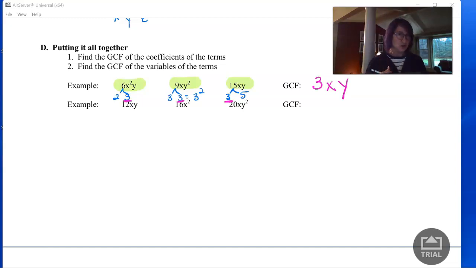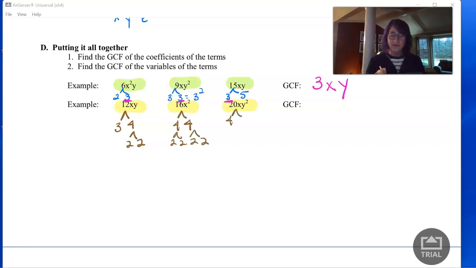All right, so now let's do the next example, where we've got these three expressions that I just highlighted in yellow. And so you are going to look for what number can divide evenly into all three of those coefficients. If you don't see that number, then you can break this down into its prime factors. Okay, and so I guess we can do all the way down.